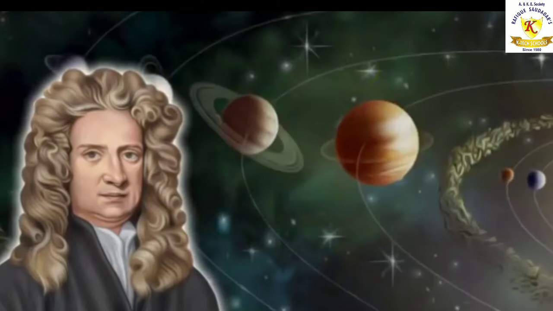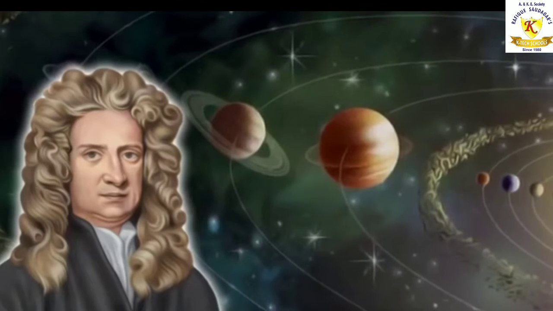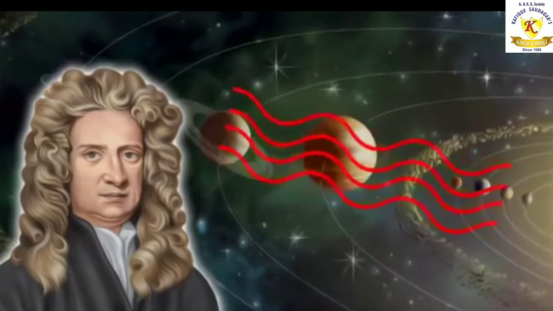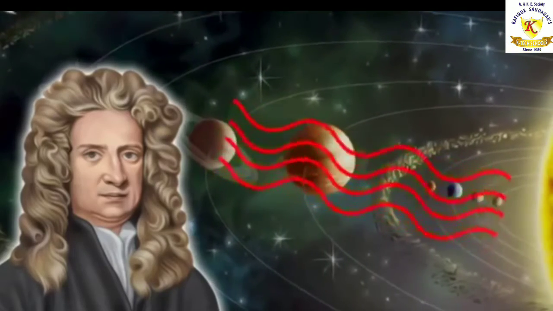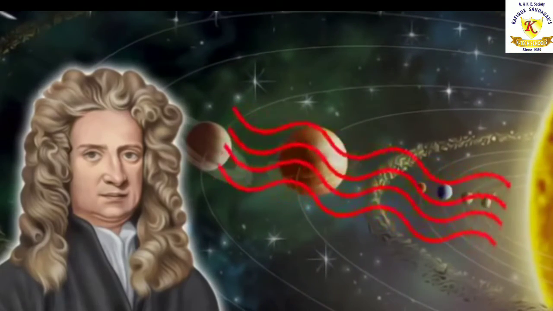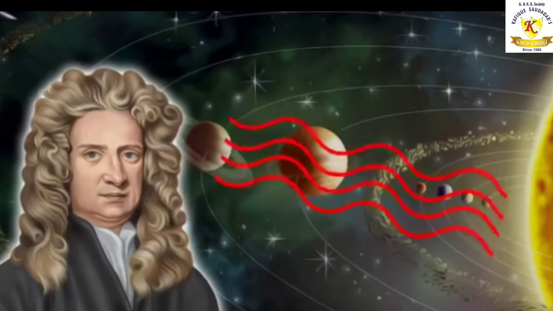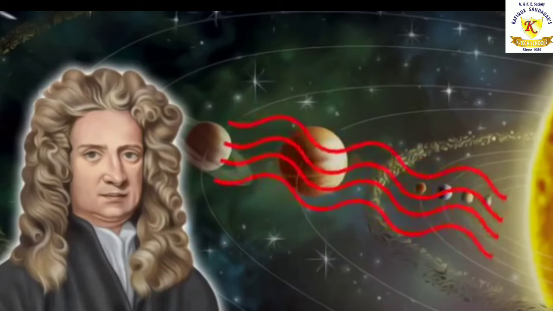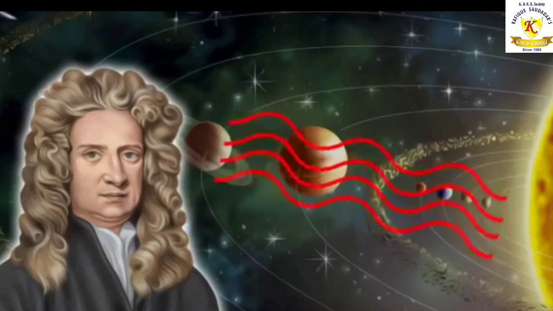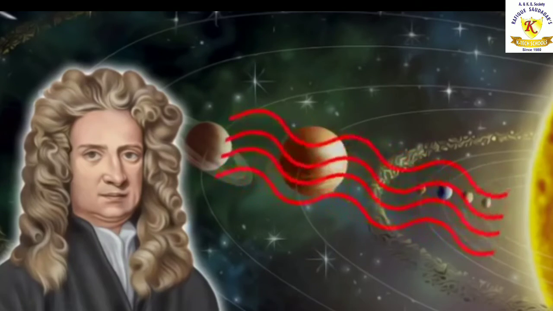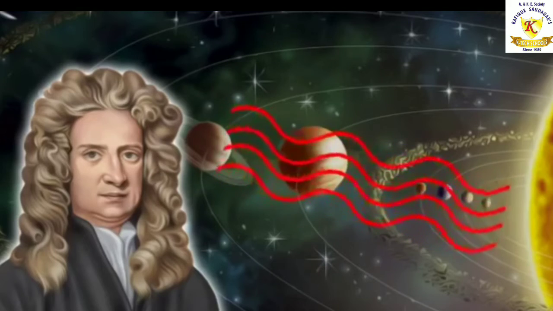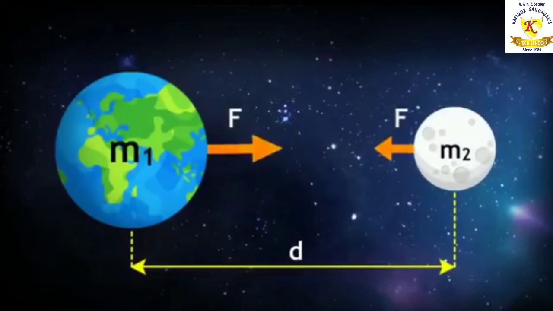According to this theory, every object in the universe attracts every other object with a definite force. This force is directly proportional to the product of the masses of the two objects and inversely proportional to the square of the distance between them. This figure shows two objects with masses m1 and m2 kept at a distance d from each other.